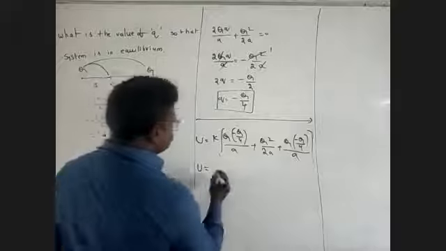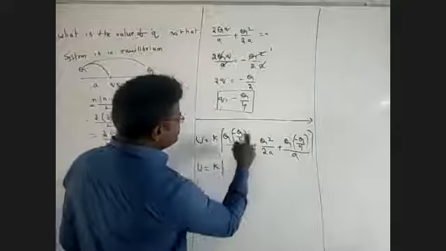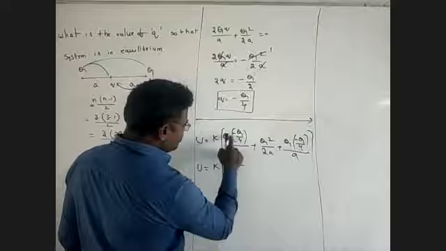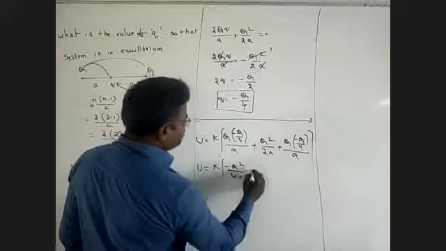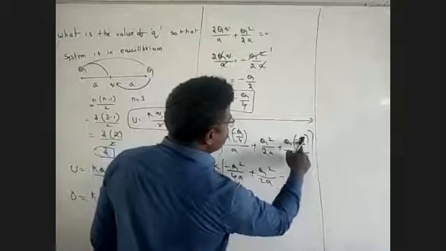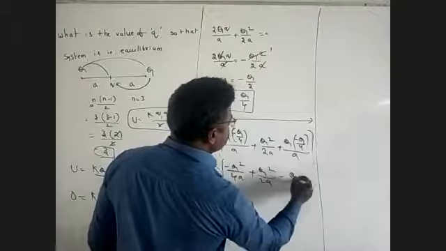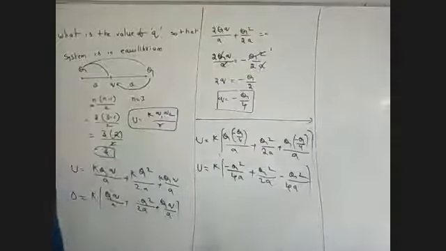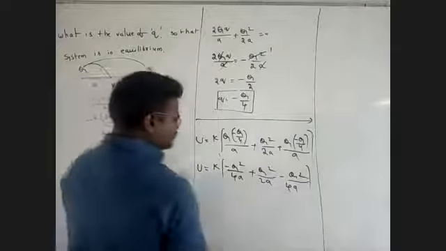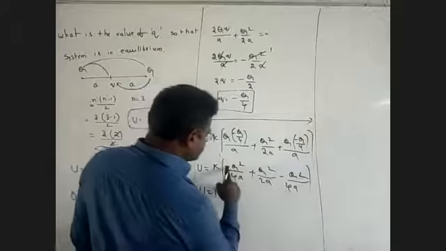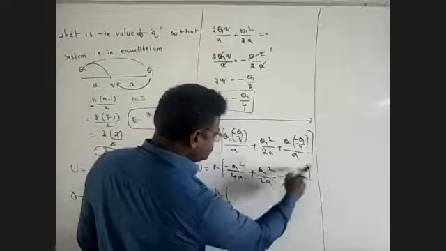So what is U? U is equal to K into Q into Q, Q square, minus Q square by 4A, plus Q square by 2A, plus into minus gives minus Q into Q, Q square by 4A. So U is equal to K into minus Q square by 4A minus Q square by 4A.